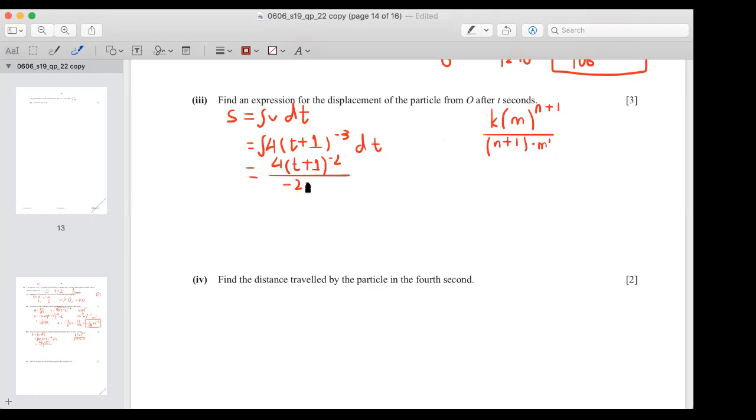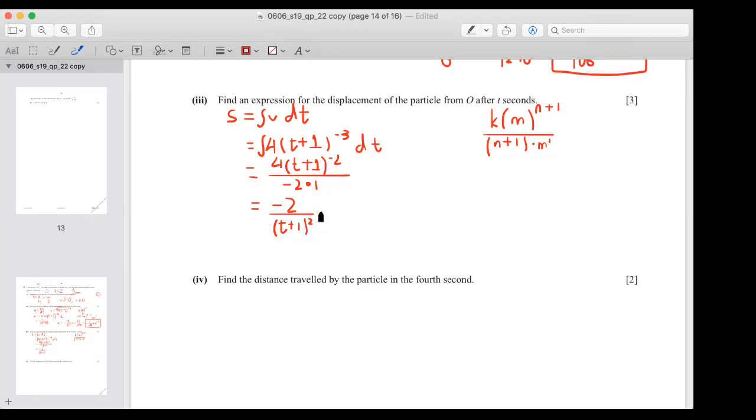Of course, we shouldn't forget about the derivative, so negative 2 times 1. Negative 2 times 1 is negative 2, so 4 over negative 2 becomes negative 2 over (t plus 1) to the power of 2.